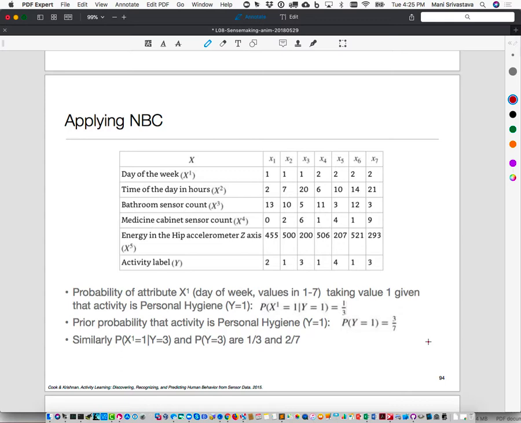I do this kind of frequency counting. Similarly, you can see that the probability of x1 equal to 1 given y equal to 3 is also 1/3, and I can also count the probability of y equal to 1 and y equal to 3. So I can do this kind of frequency counting in a single pass through the data.